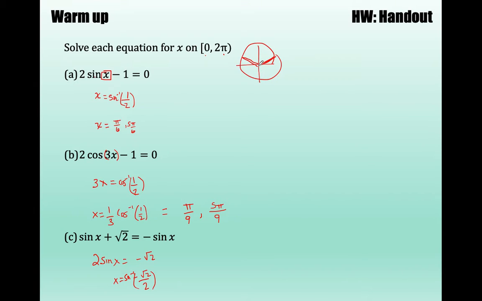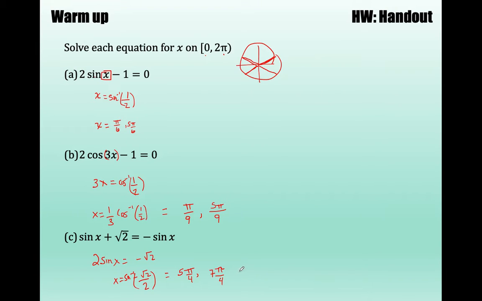Sine is negative in both the 3rd and 4th quadrant, and root 2 over 2 goes with a pi over 4 issue, right? So pi over 4 in the 3rd quadrant, and pi over 4 in the 4th quadrant.